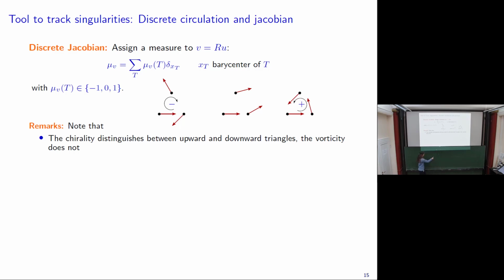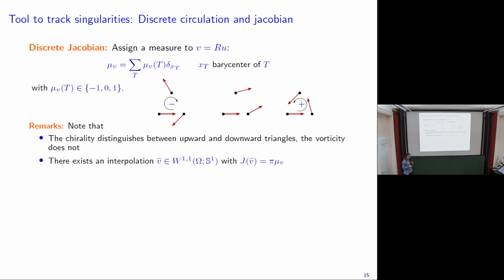So for the chirality, I would always go I, J, K, and I would say, do I go clockwise or counterclockwise? But with the vorticity, I always go counterclockwise. So I would go like this, and I would go like this. And this will become important later. But also to tell you that those variables are really something different.